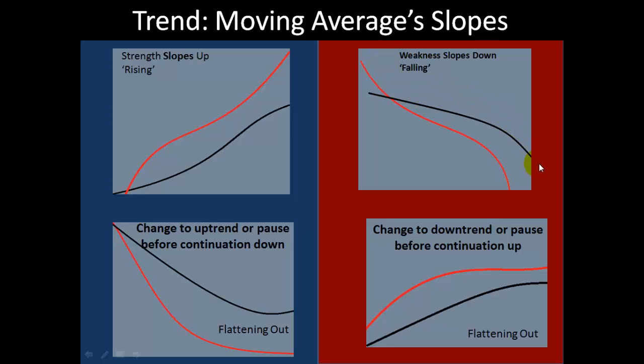Conversely, when the moving averages are sloping down, that's a sign of weakness. And regardless which direction they're going, once they start to flatten out, whether they were moving down or moving up, that can be a sign that the trend is either about to change or perhaps pause and consolidate before continuation.